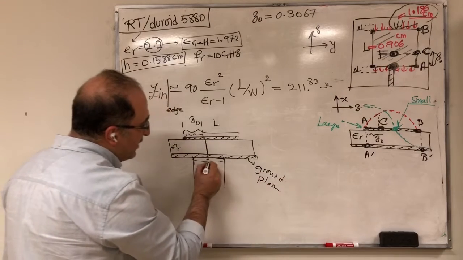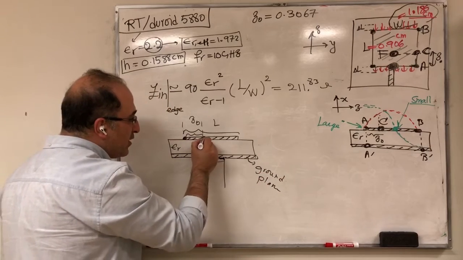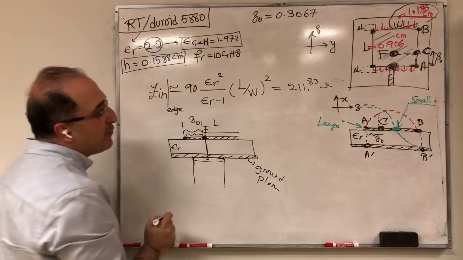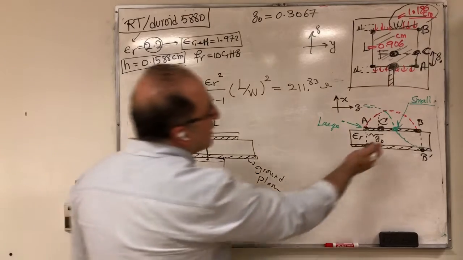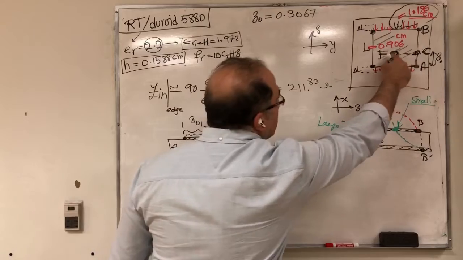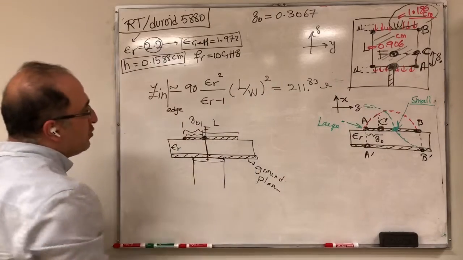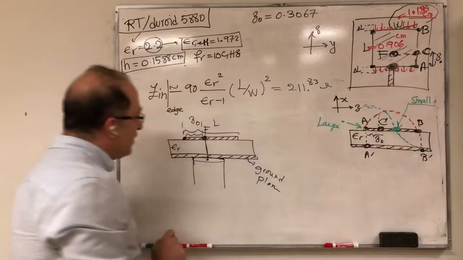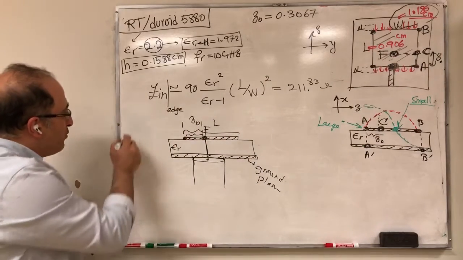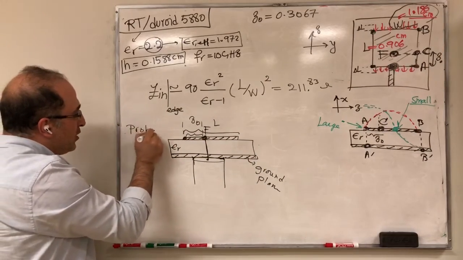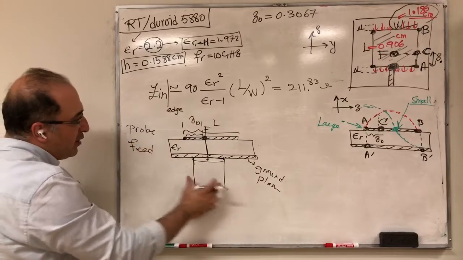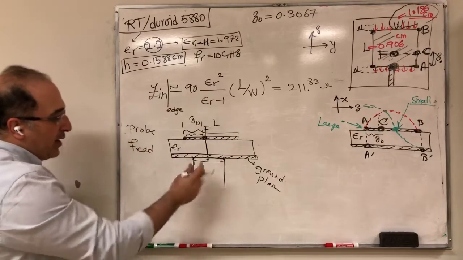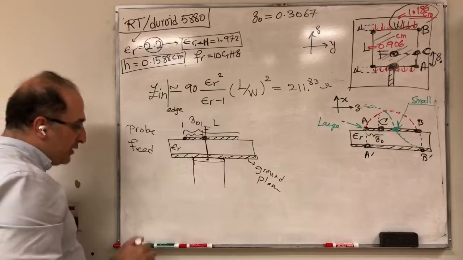And then the inner conductor is soldered to this point, which we called F. Or I guess from the side it was C, but essentially you have to solder it to this point, and that becomes a probe feed. So we can think of this coaxial cable as our probe, and that's why we call this probe feed.